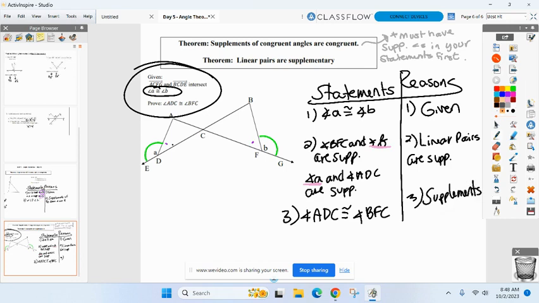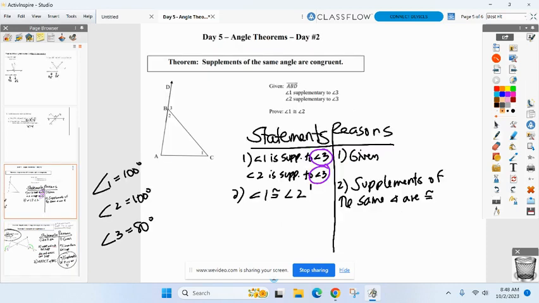If you abbreviate it SUPP, that's supplementary. Supplements of congruent angles are congruent. So those are 3 new ones here. But again, you can't use this, ready? You can't use this or the last one I showed you unless above you've said what angles are supplementary.